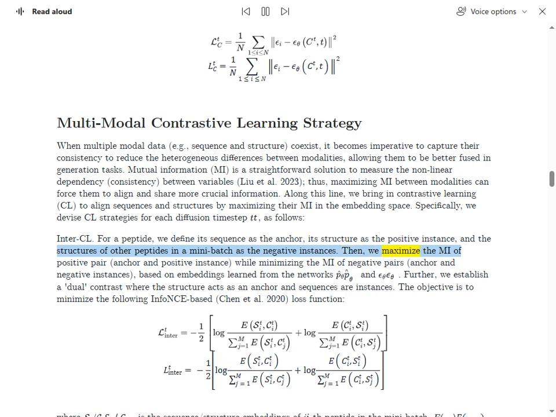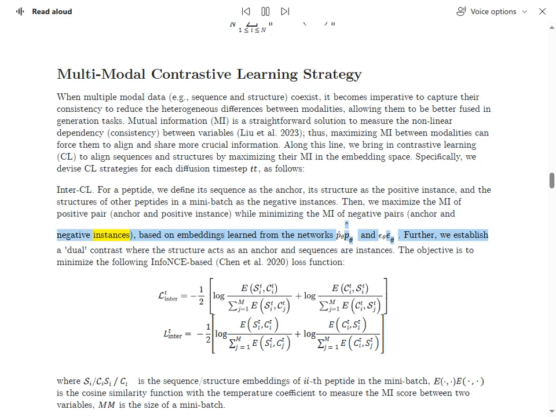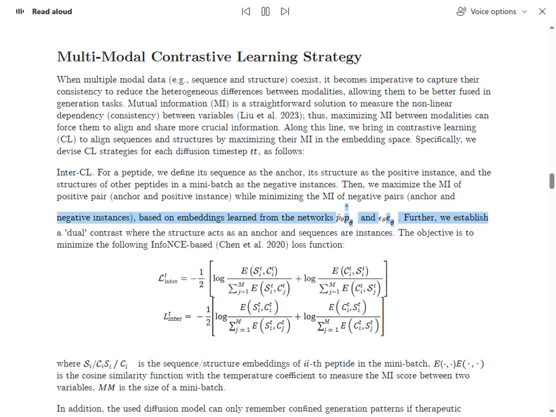Then, we maximize the MI of positive pair, anchor and positive instance, while minimizing the MI of negative pairs, anchor and negative instances, based on embeddings learned from the networks, p subscript theta and epsilon subscript theta. Further, we establish a dual contrast where the structure acts as an anchor and sequences are instances. The objective is to minimize the following InfoNCE-based loss function.